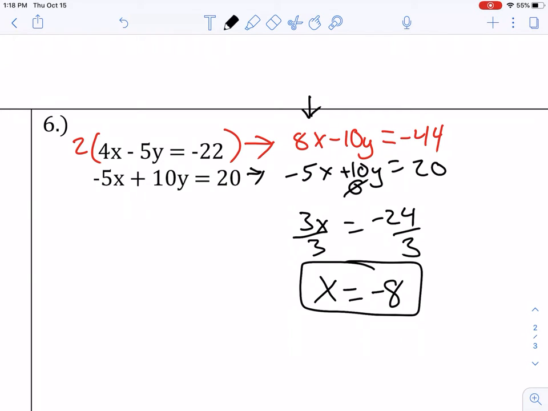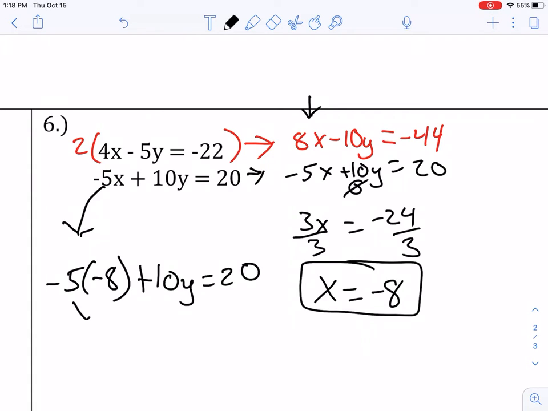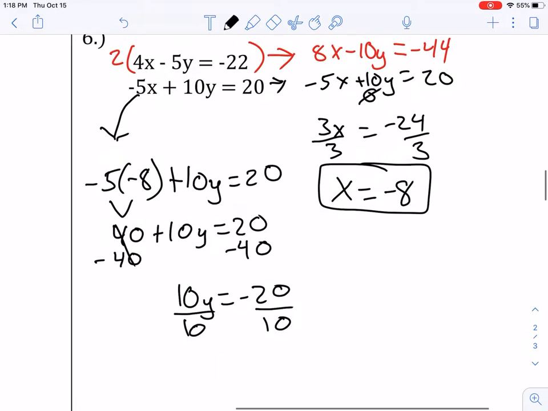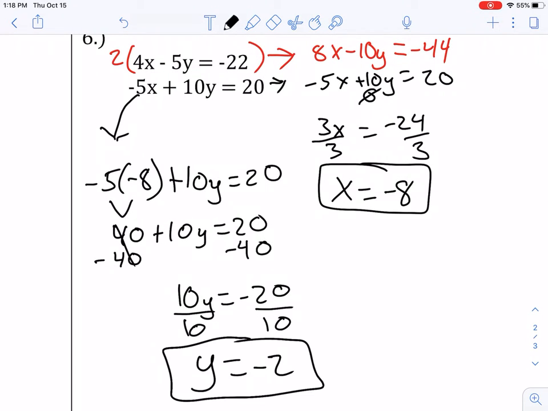I'm going to do it to my second one. And those are my two values, negative 8, negative 2.